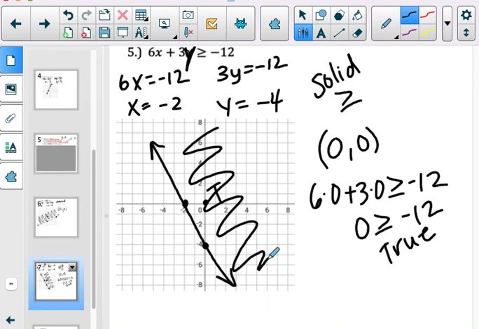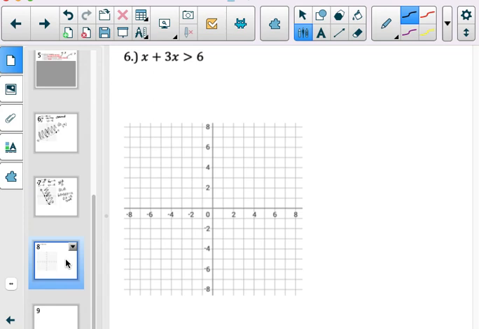All right, example 6. Again, next to the 3, please make that a y. This is what happens the first time you make a document and you don't proofread well enough. Finding our intercepts. We're going to have 1x equals 6, 3y equals 6.